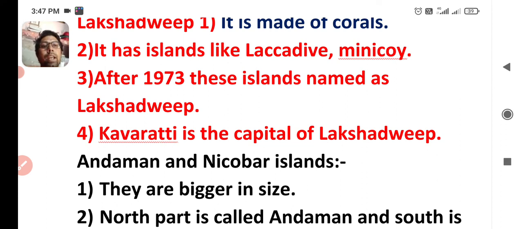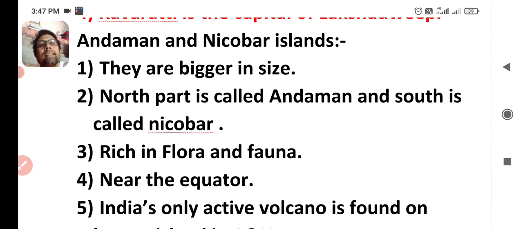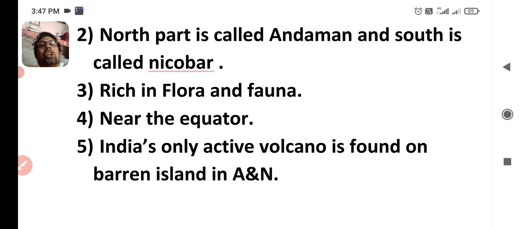And the next point, Andaman and Nicobar Islands. They are bigger in size. The northern part of these islands is known as Andaman and the southern part is known as Nicobar. These islands are rich in flora and fauna, and they are located near the equator.